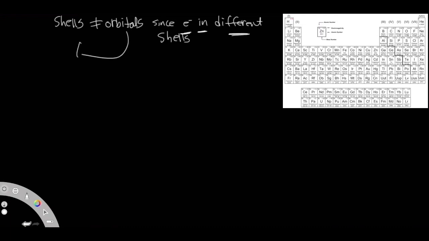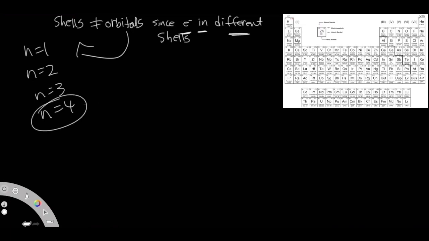The orbitals must be in different types of shells depending on the principal quantum number. So if n is equal to 1, this is our first shell. If n is equal to 2, that is our second shell. If n is equal to 3, that is our third. If n is equal to 4, that is our fourth.